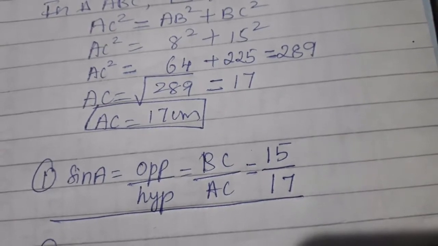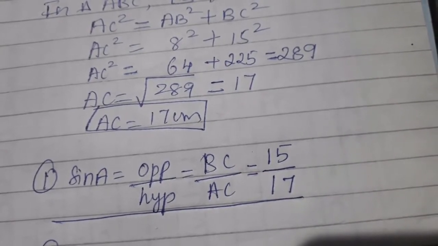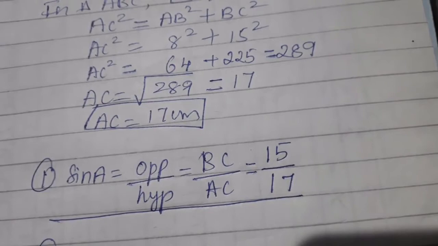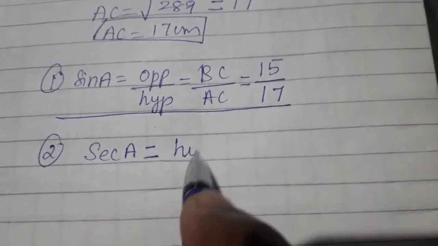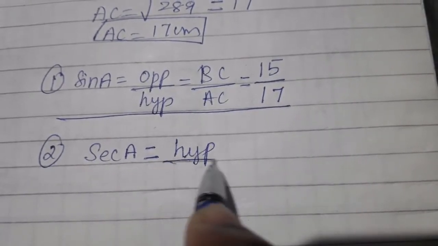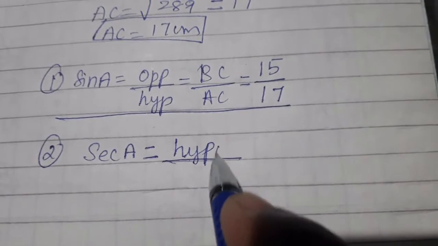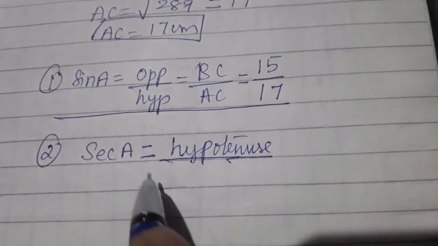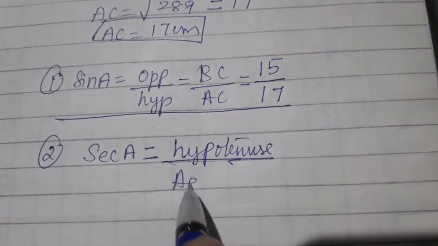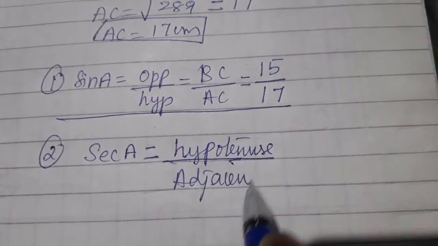Now the second question is secant A. What is secant A? Secant A is hypotenuse by adjacent.